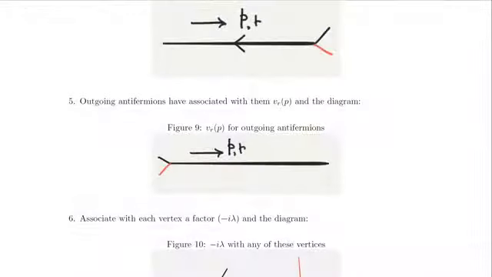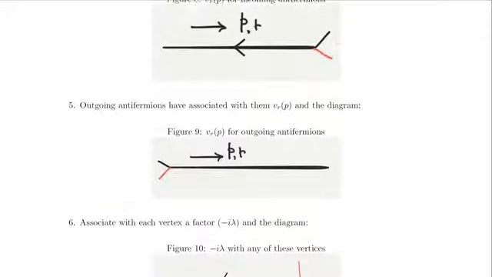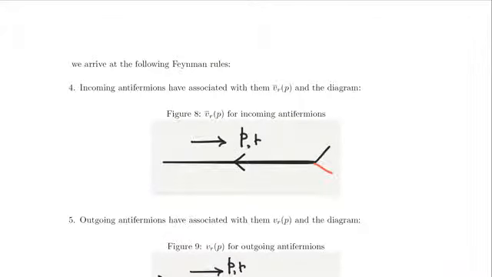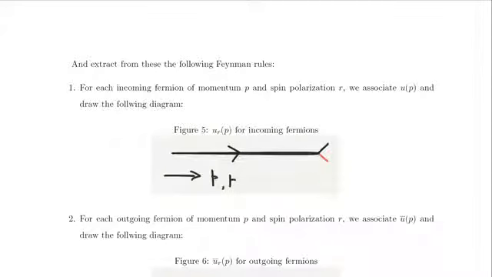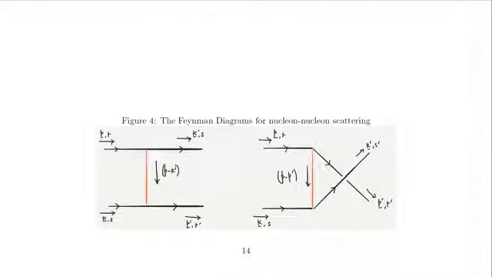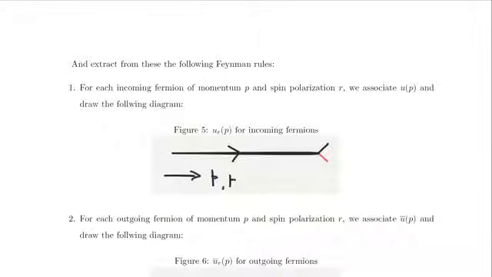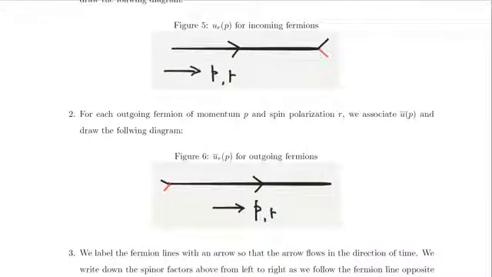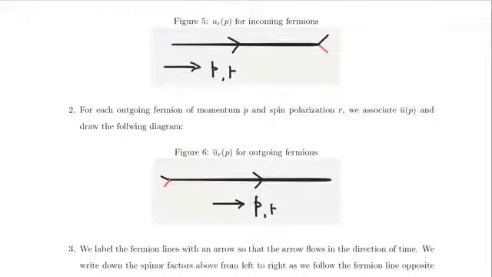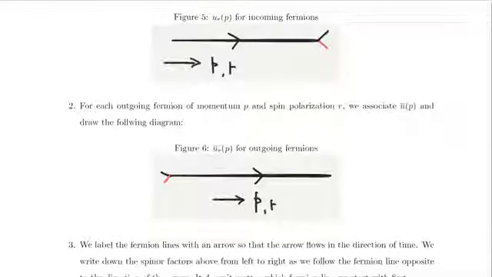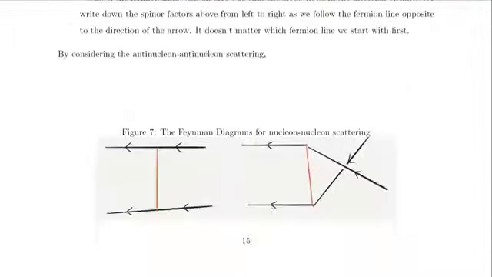Yeah? Go back to the Feynman diagrams for the nucleon scattering amplitude. Like the original ones? No. These ones? Keep going down. It says figure 7. Oh, I'm sorry. So the next figure, I think. Yeah, this one.